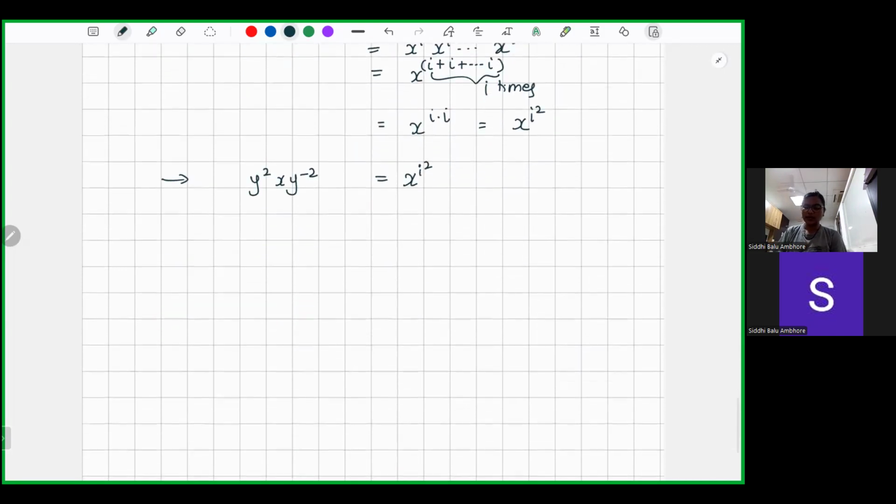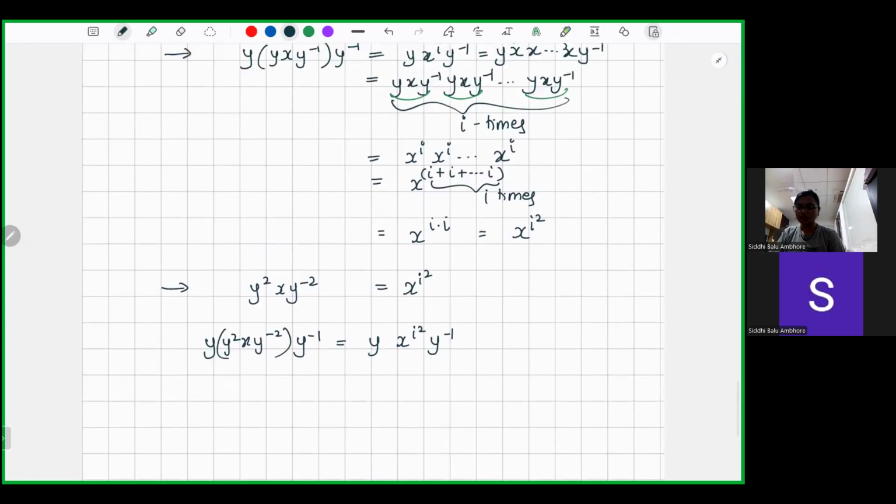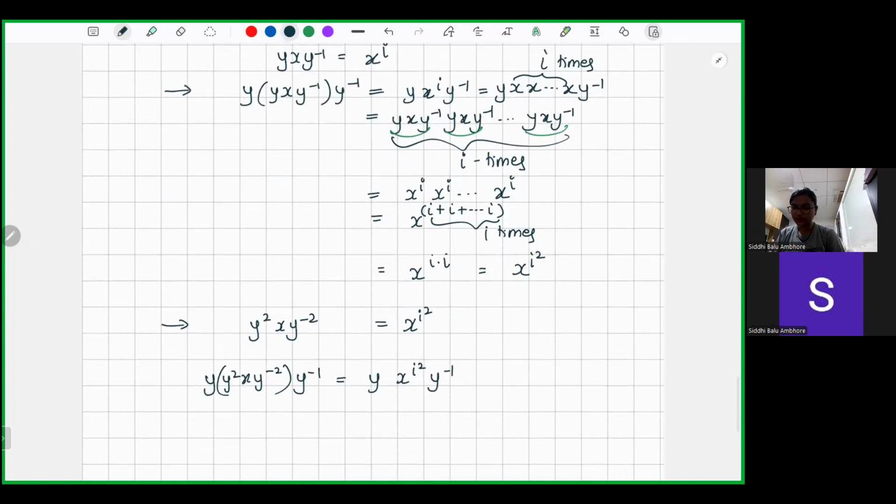And we can continue this process here. We got this. Now again, we can write this as y times y squared x y squared inverse times y inverse, which is y x i squared y inverse.